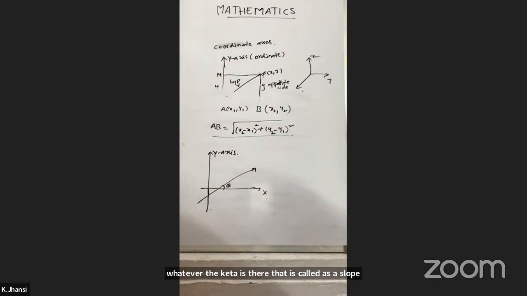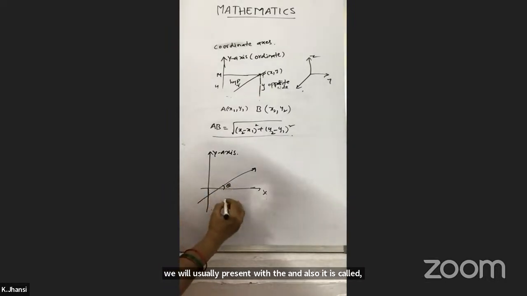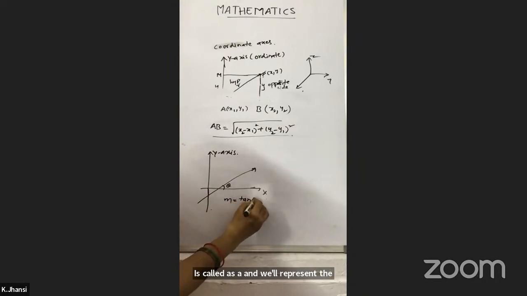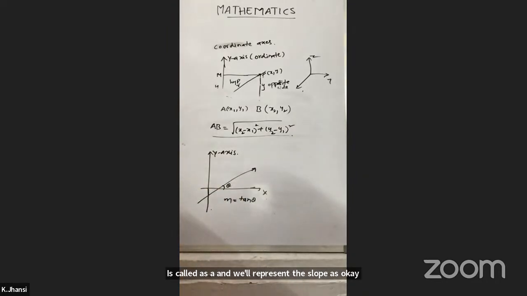We represent the slope as M, and M is equal to tan theta. The definition is also in your textbook, and different conditions are there.